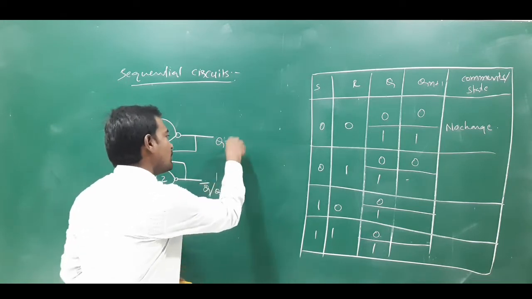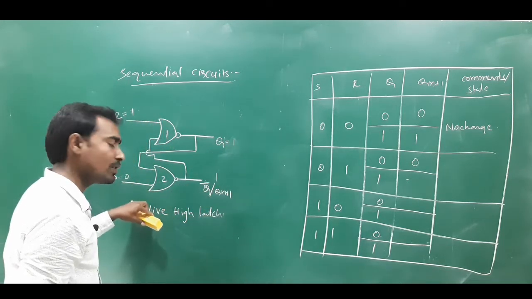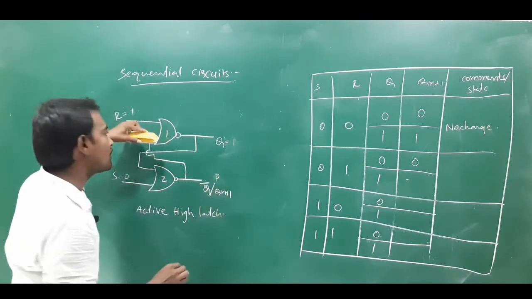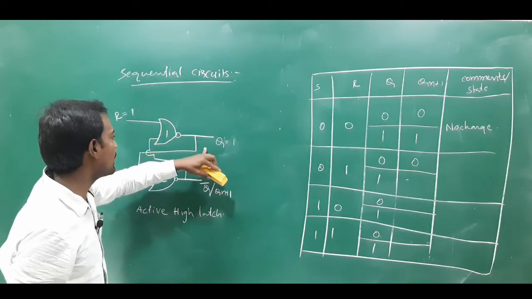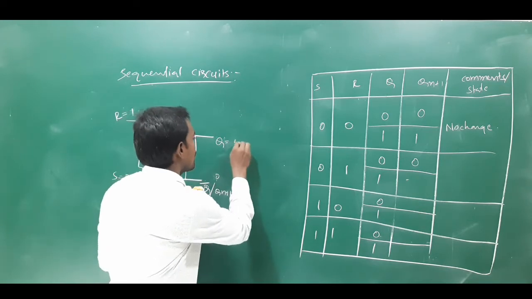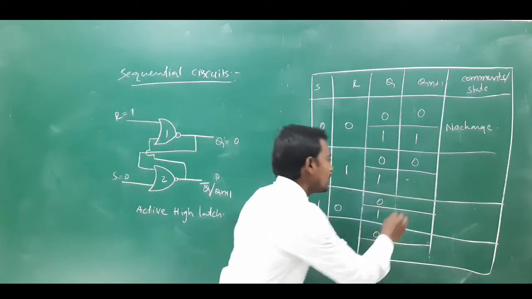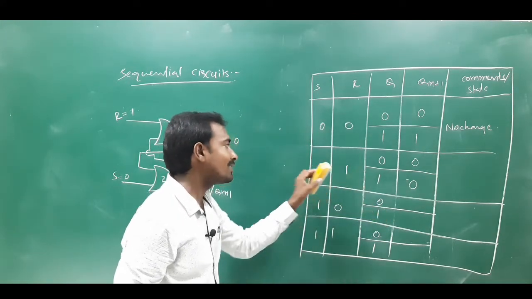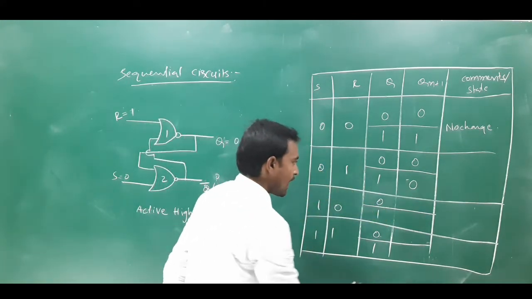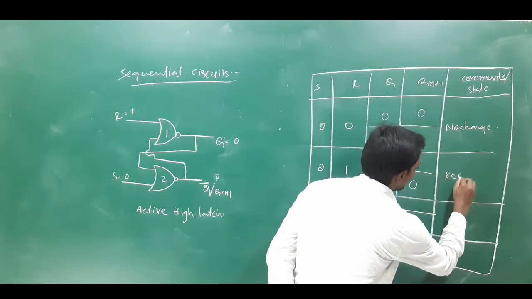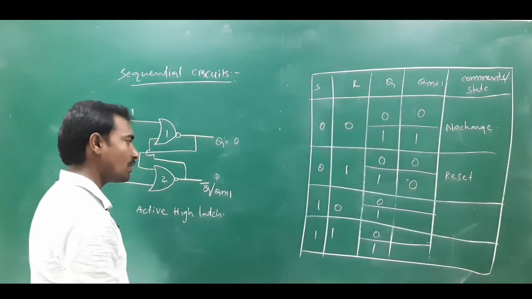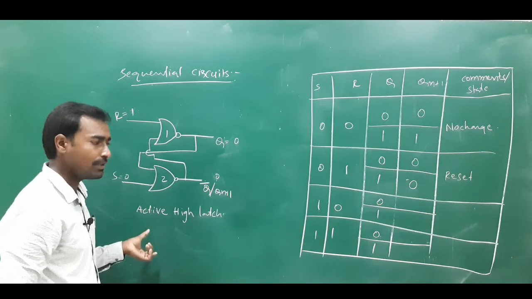For Q equal to 1, 1 plus 0 is equal to 1, 1 complement 0 here, and 0 plus 1 equal to 1, 1 complement 0 here. So here we are getting the output always 0. So this state will be called the reset condition, because reset is indicated with 0 and set is indicated with 1.